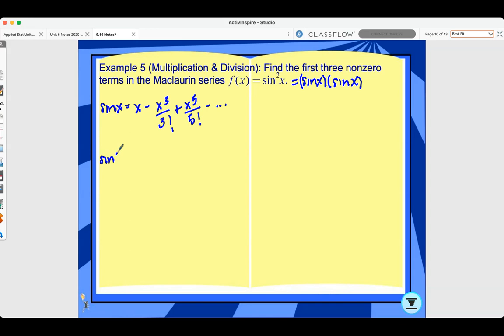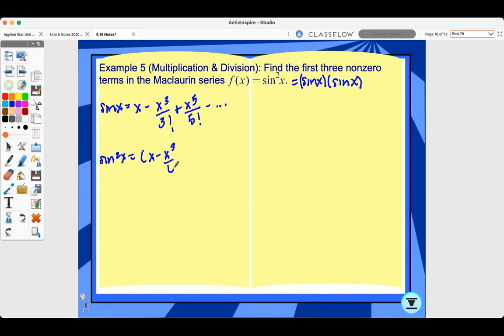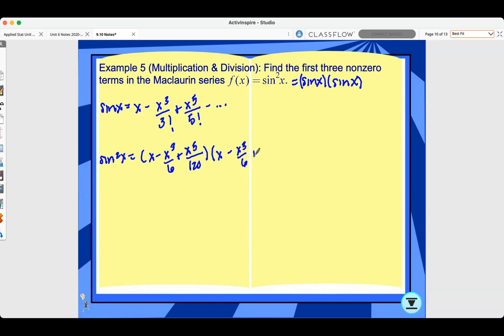So sine squared x would be x minus x cubed over 3 factorial, which is actually 6, plus x to the 5th over 5 factorial, which is 120, times x minus x cubed over 6 plus x to the 5th over 120.